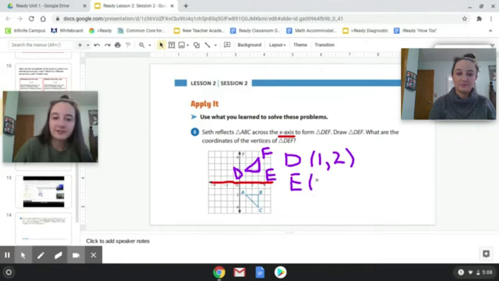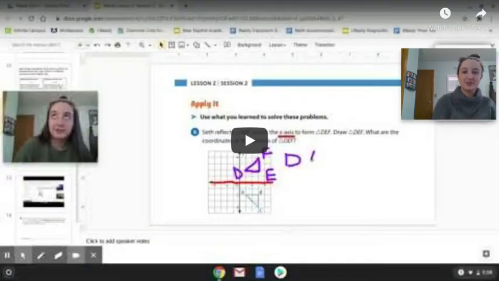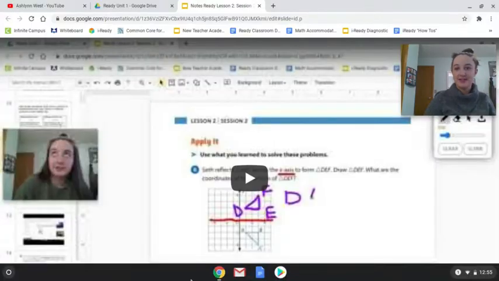So we have 3, and then it is up 2. Lastly, we have point F. Remember, x value still comes first, so that's 3. And then our y value is 4. So that is reflecting across an x-axis. So that's how you do that problem there.